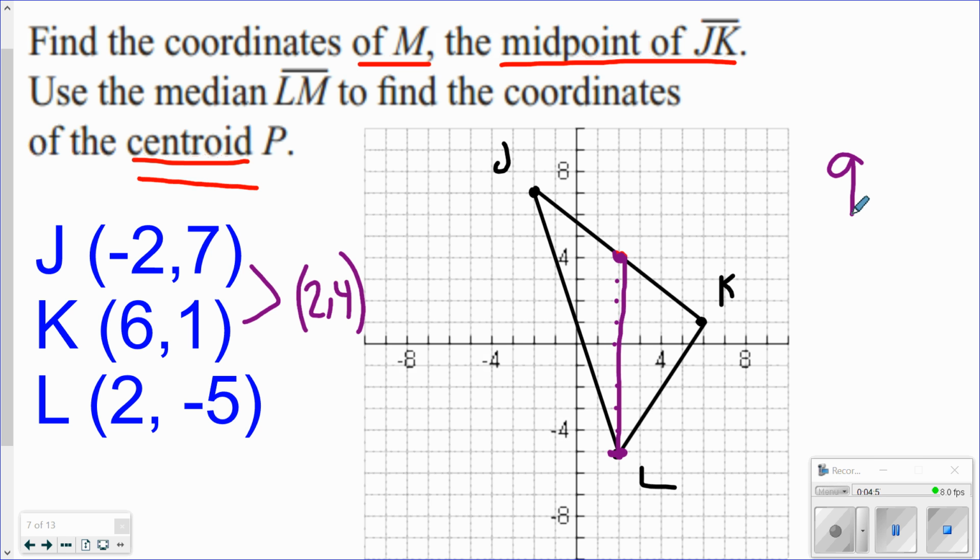If I want to figure out what 2/3 of 9 is, I'm going to multiply 9 by 2/3. If I plug that into my calculator, I end up getting 6. So if I start at this point L and I go down 6, I will figure out where my centroid is located. So 1, 2, 3, 4, 5, 6 would be right here. And so that point then is point P, and it's located at 2, 1. And that is where my centroid would be located.